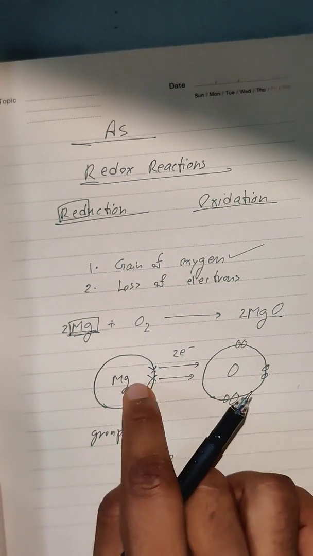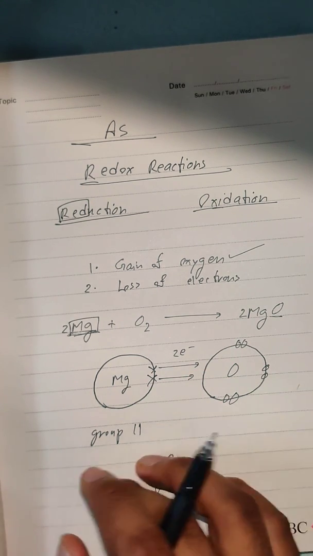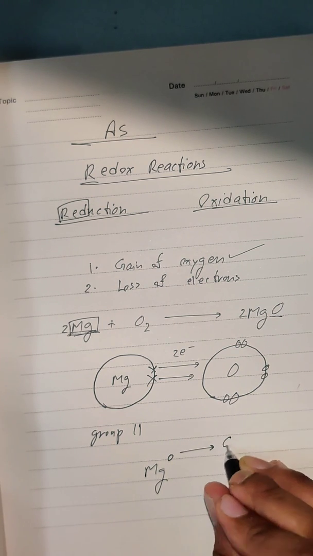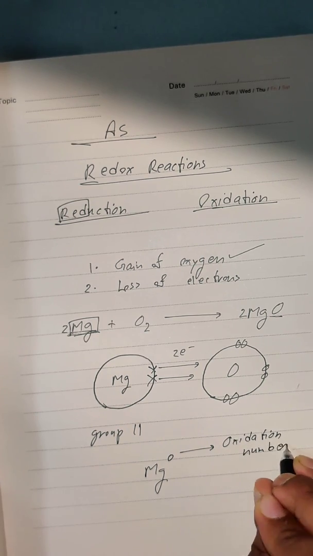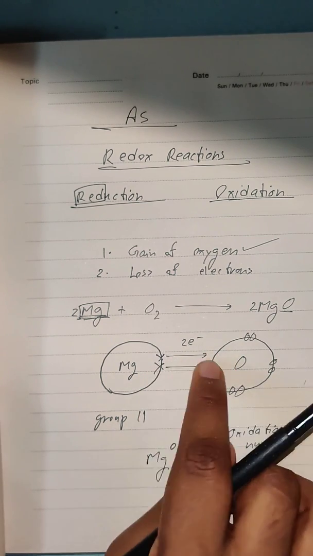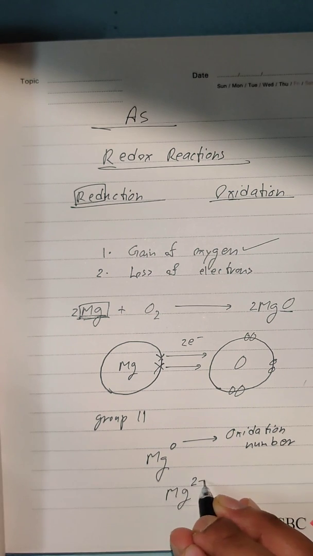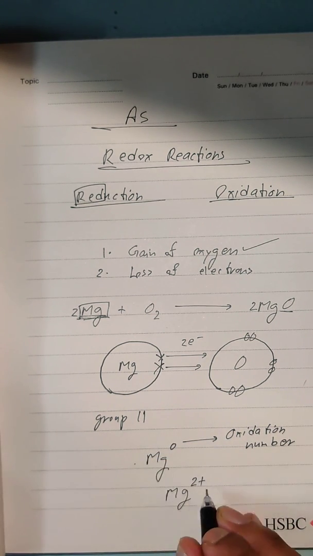Now, what else do we know? We know that whenever something is giving away its electrons, its charge increases. We call that charge the oxidation number. When the magnesium gives away its 2 electrons, this magnesium atom turns to Mg2+, a magnesium ion, and its oxidation number has increased.